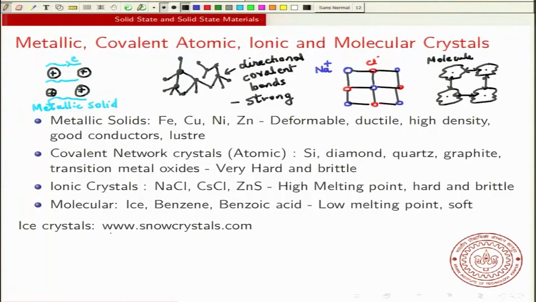So I recommend all of you to visit this website snowcrystals.com just to see how you can get ice crystals of many different shapes. You can just take a look at it and appreciate the beauty in all these crystal shapes. Many of them are naturally occurring.